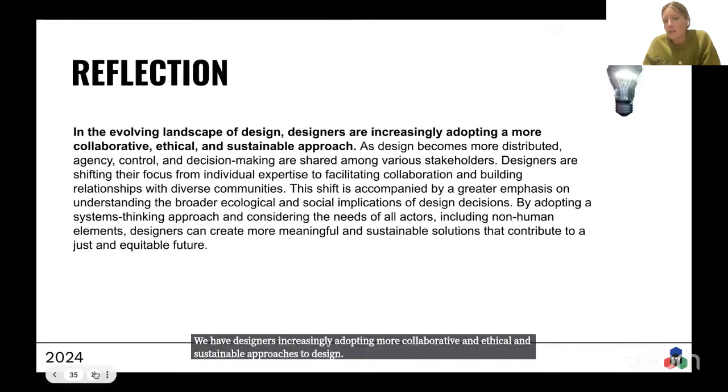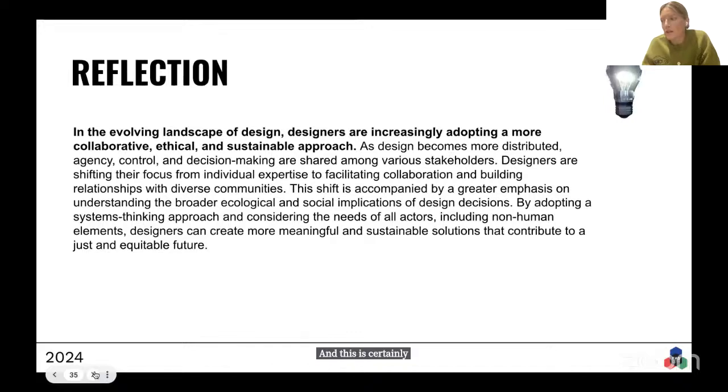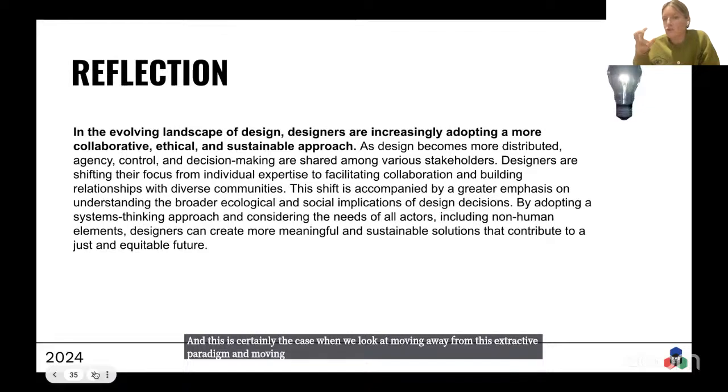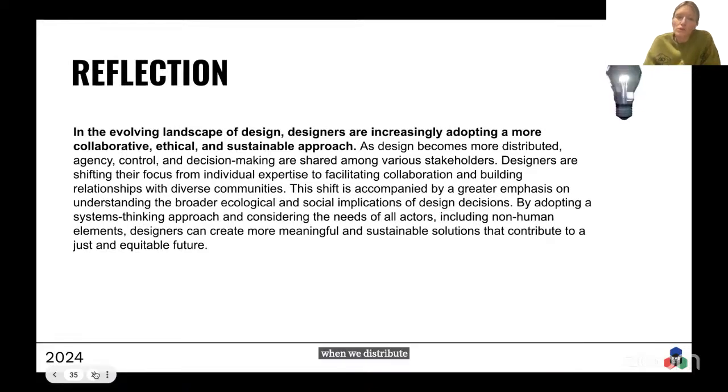And this is certainly the case when we look at moving away from this extractive paradigm and moving towards something that is about distributing. When we distribute design, we also distribute various values that come with design.